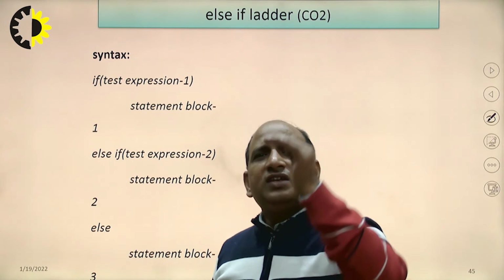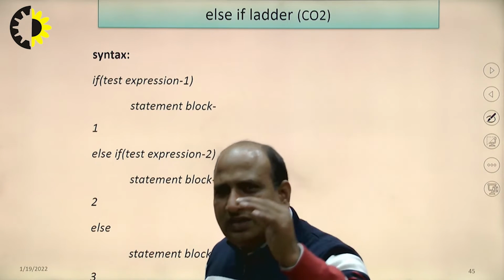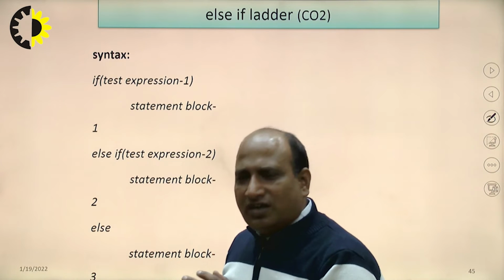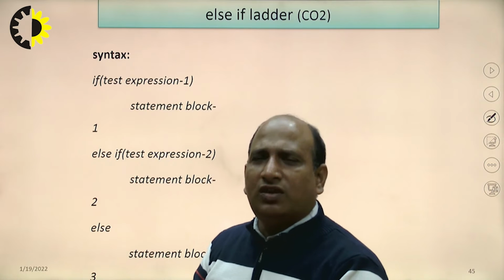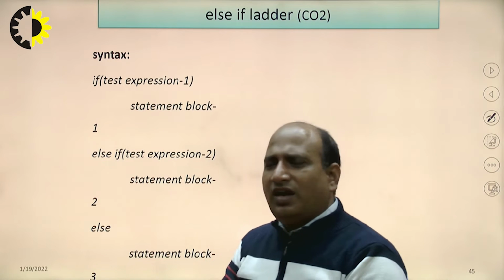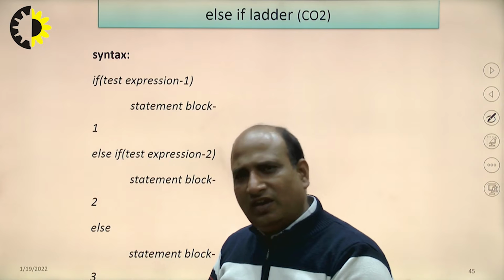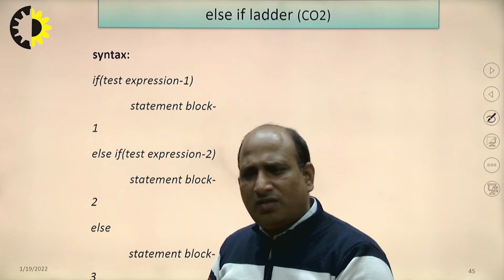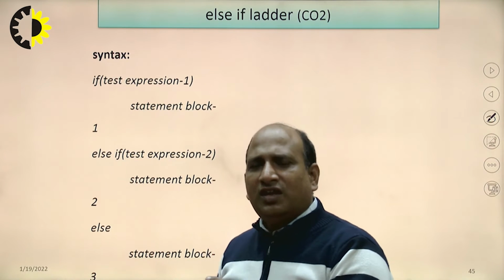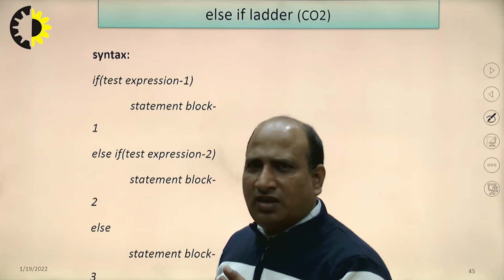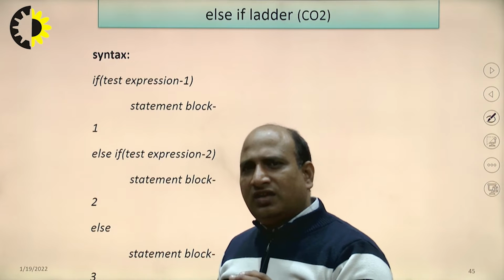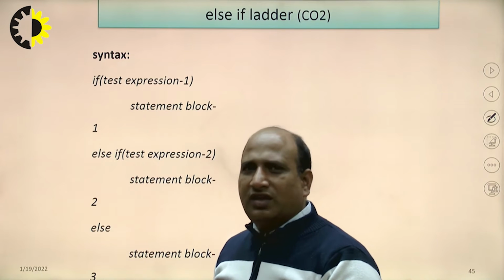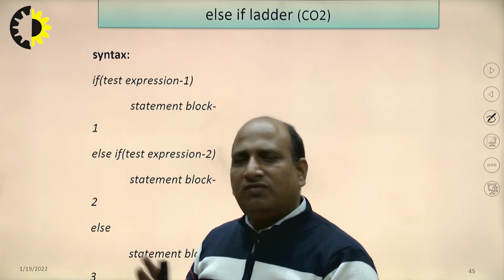Means we keep checking the conditions, and only the code associated with the satisfied condition executes. Control will not move ahead once a condition is satisfied, and if none of the conditions is satisfied, then the code written in the last else part will execute.